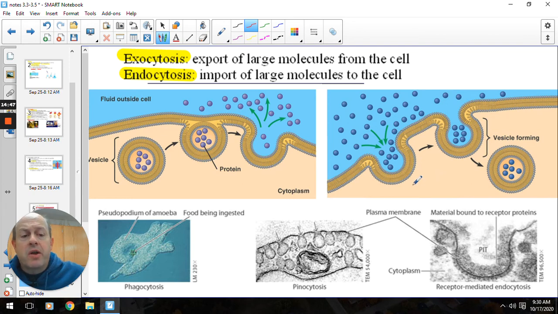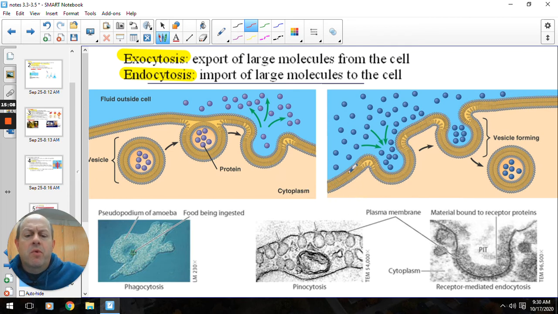But this does require ATP energy. On the flip side, if we're doing exocytosis, maybe we have something already in a vesicle that morphs into the phospholipid bilayer, and as it opens up, it allows those particles to be released to the outside of the cell.